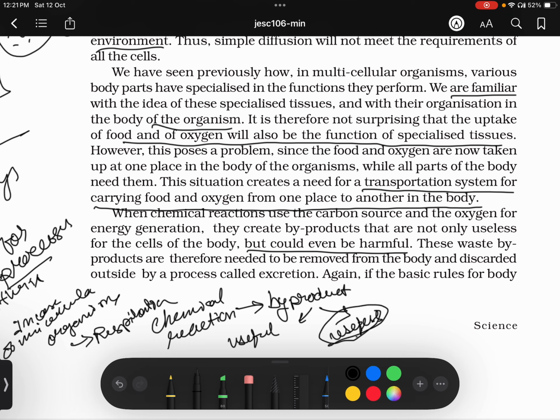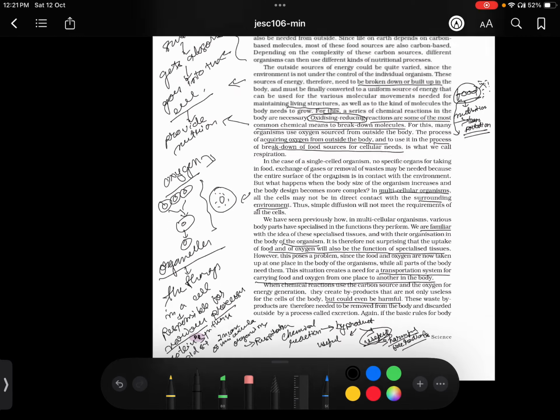And these products can be harmful also, such as free radicals. You will learn about free radicals in your chemistry book. These free radicals are quite harmful.